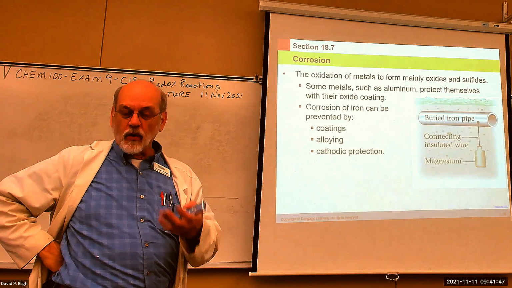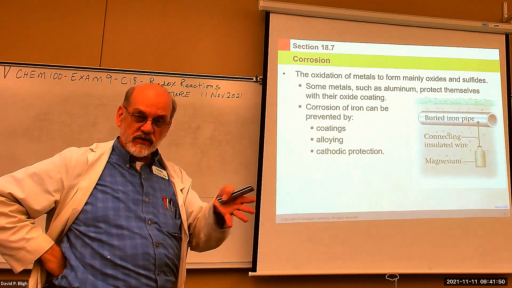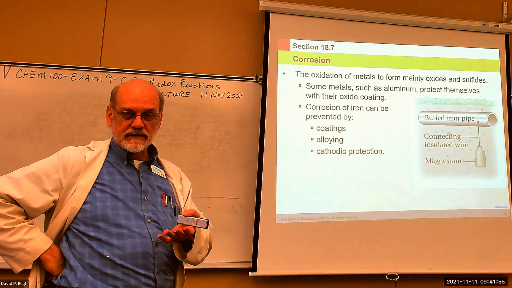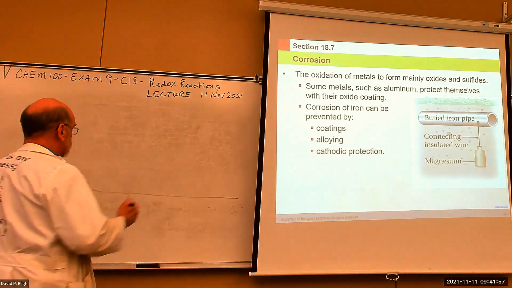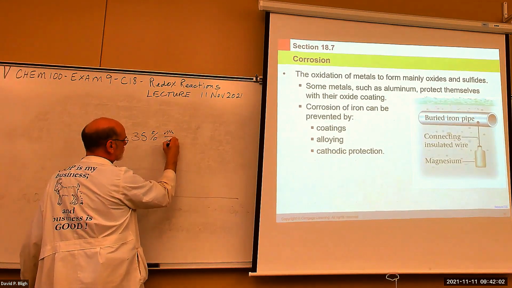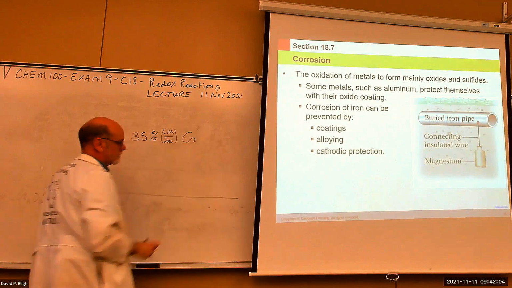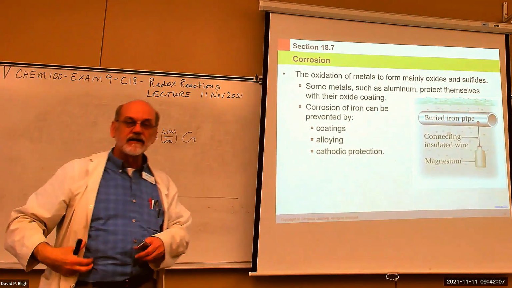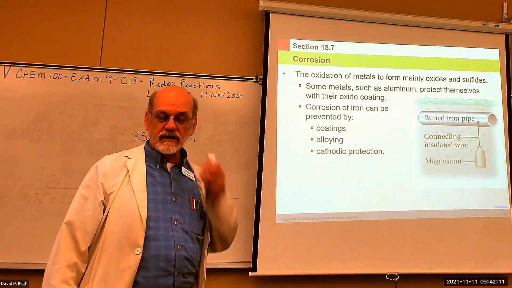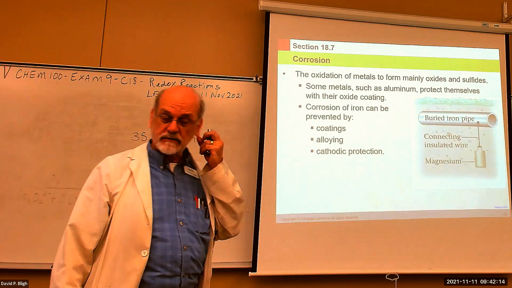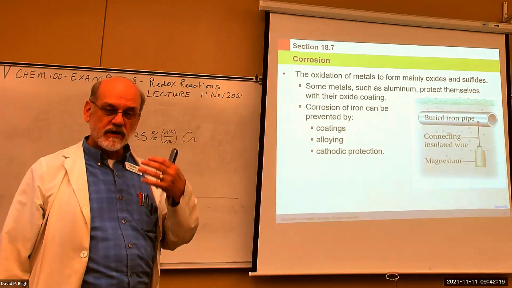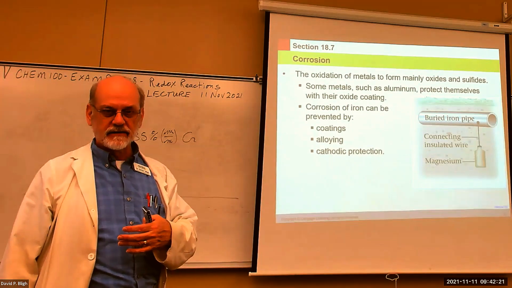We can create an alloy. We can add elements into it that protect it. That's what we do with stainless steel. Stainless steel originally was 35% by mass of chromium. We just take chromium metal, iron metal, and a little carbon, and heat them up, mix them together, and that chromium protects the iron because chromium corrodes faster than iron.